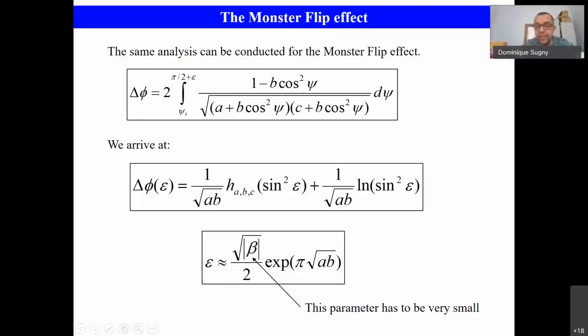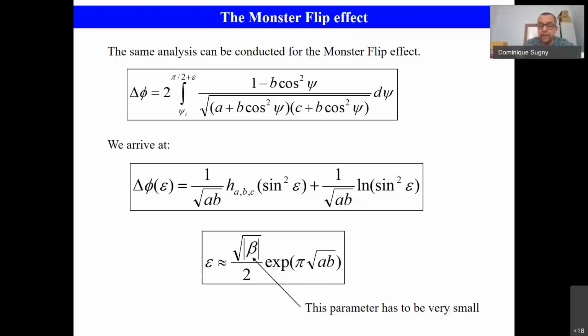And a very small parameter epsilon means, for the monster flip, a perfect monster flip effect. So if you have a very asymmetric rigid body, such as a skateboard, you need to choose a trajectory which is very close to the separatrix in order to realize the monster flip effect.